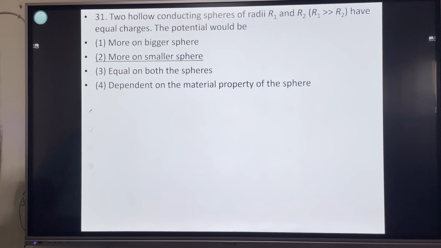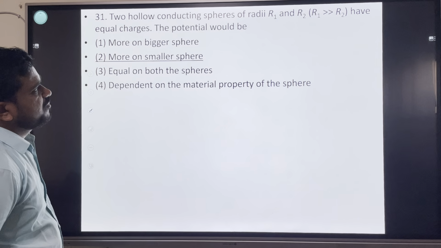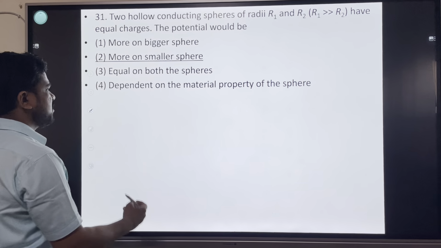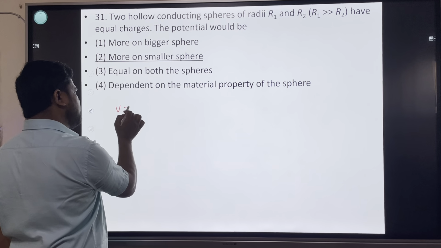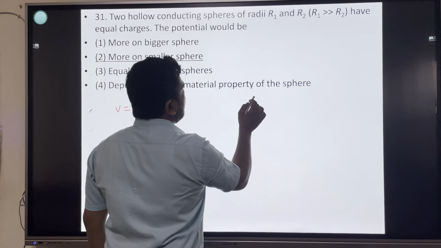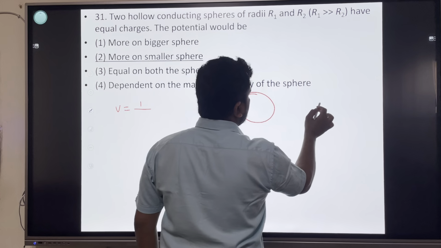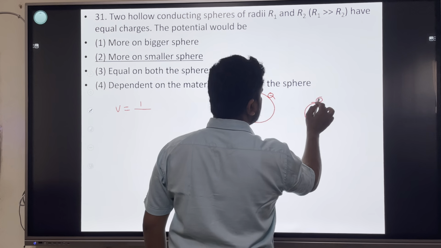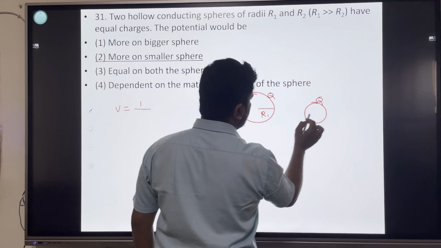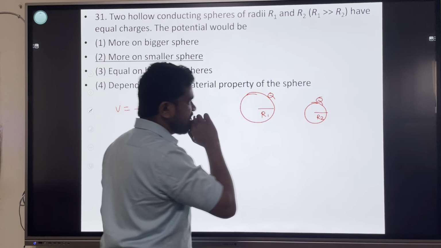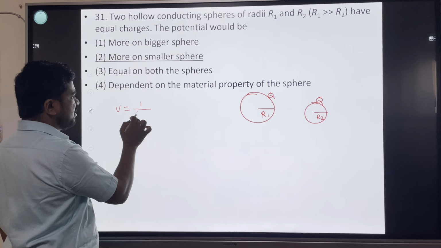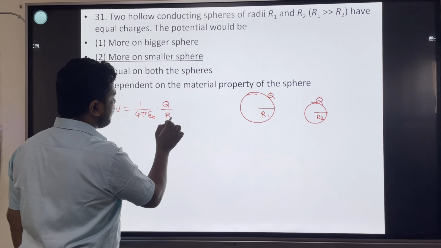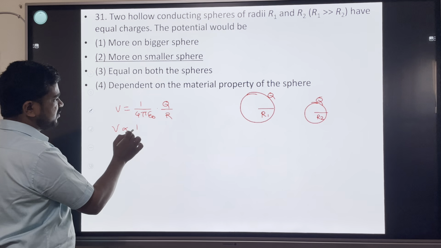Two hollow conducting spheres of radii r1 and r2 have equal charges. The potential would be, potential V, r1 greater than r2. Charges q are equal, radius r1, radius r2. If the charge is equal, the formula for potential is V equal to 1/4 pi epsilon 0 into charge divided by r.